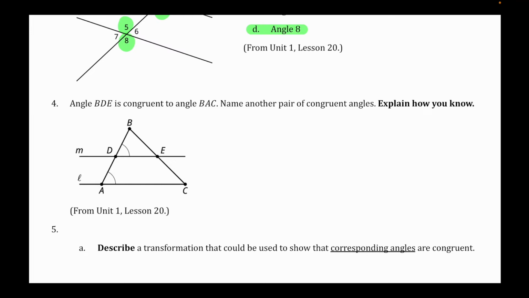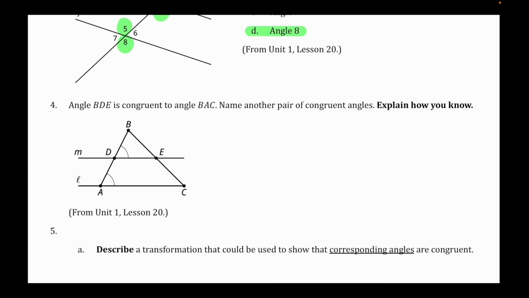So we want to name another pair of congruent angles and explain how we know. Well, if corresponding angles are congruent, that means the lines have to be parallel. And if those lines are parallel, let me move my parallel markers here. I'll make them a little thicker also. So it's basically telling us these are parallel.